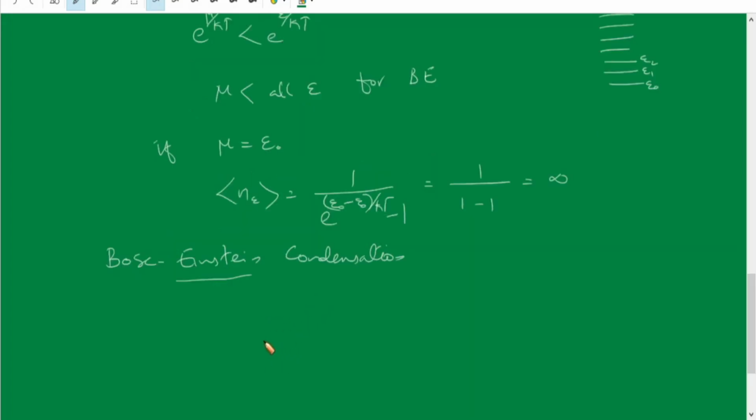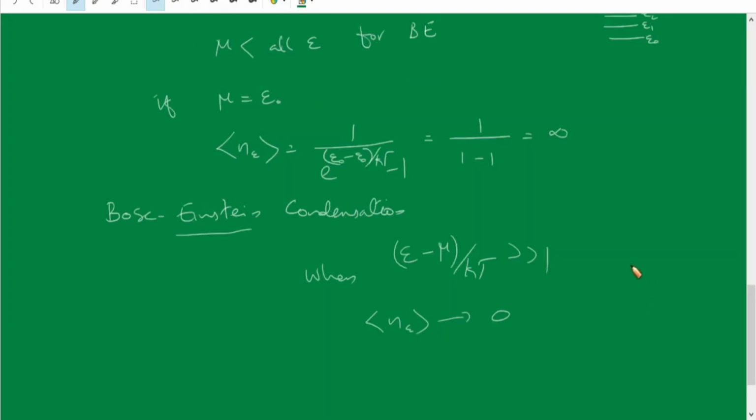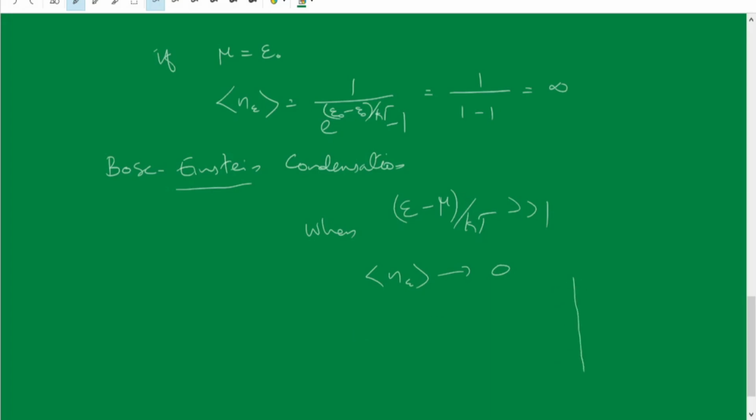Now, when E minus mu divided by kT is very much greater than 1, Ne tends to 0. That means it approaches the 0 axis. If you plot a graph separately, this is the E minus mu divided by kT axis, and this is the average Ne axis.